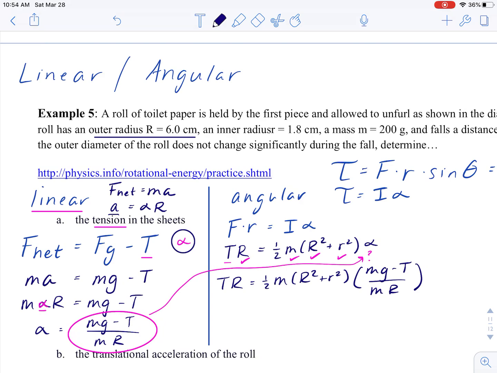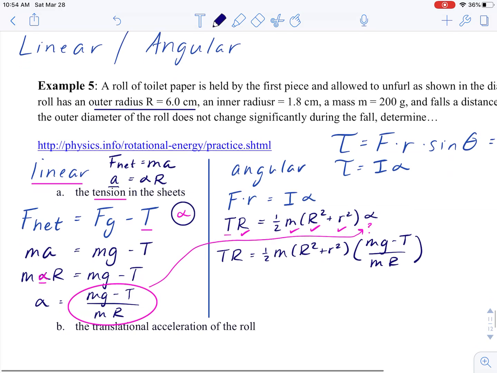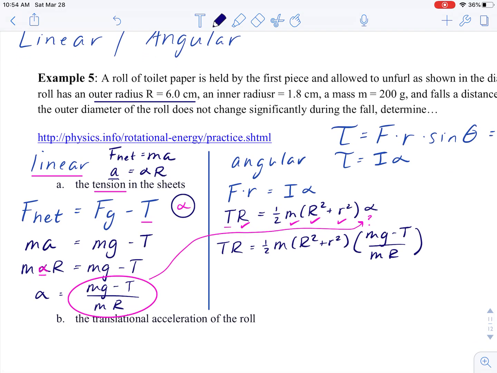Okay, now normally I would solve this for T. This is kind of an algebraic disaster, so I'm going to go ahead and start plugging in values that I do know.